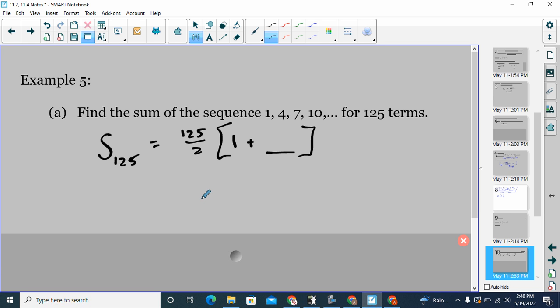Again, just like the previous example, we are not given what that last term is, but we can find it using the sequence formula. The 125th term is equal to the first term plus the common difference times one fewer than the number of terms.